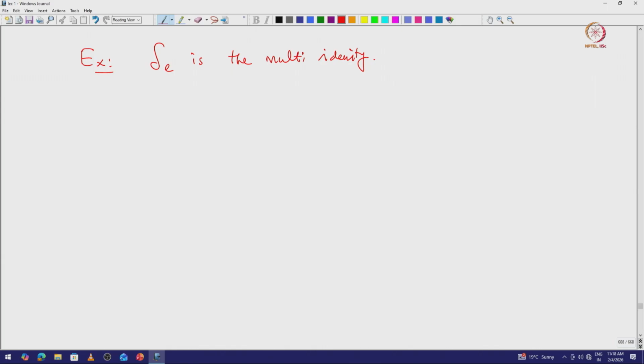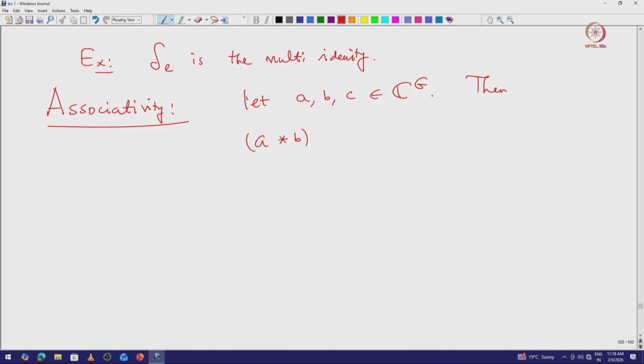So associativity follows from the following computation. You take a, b, c as elements of CG. Then there are two ways to take the product among these elements. You can take (a star b) star c and then a star (b star c).